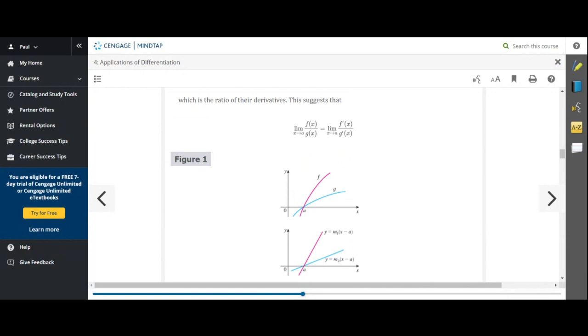So here's a little picture. In Figure 1 you have two functions f and g, and you're interested in how the functions behave as x approaches a. So in Figure 1, as x approaches a, what value do both functions f and g approach?